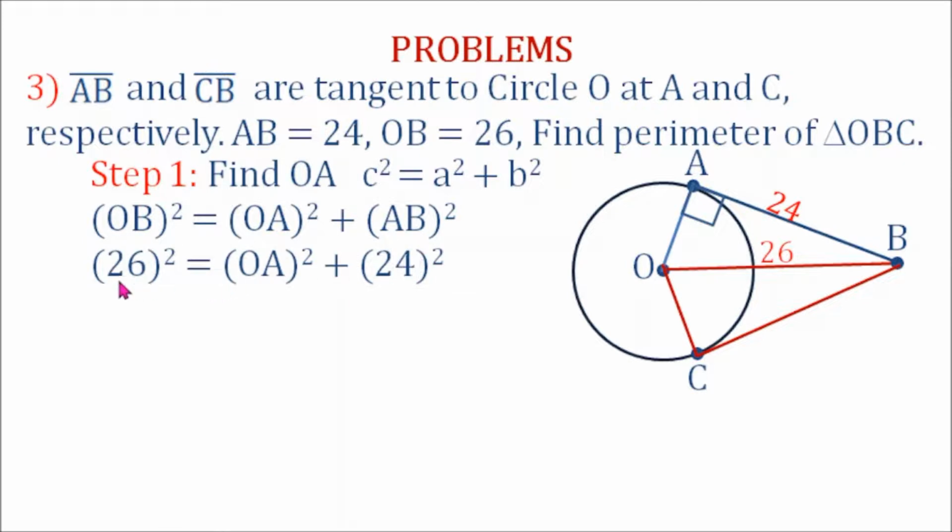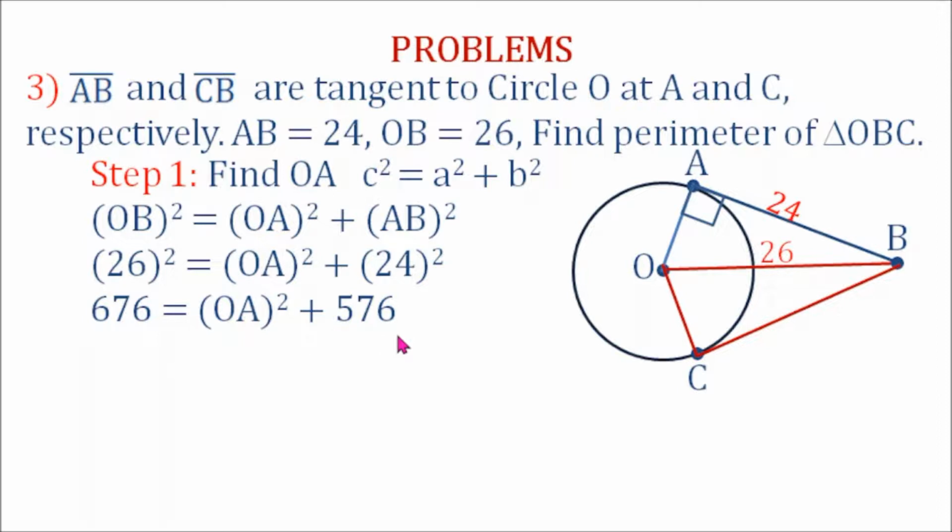Substituting, we have 26 squared equals side OA squared plus 24 squared. So 26 squared is 676 and 24 squared is 576. So we have 676 equals side OA squared plus 576.